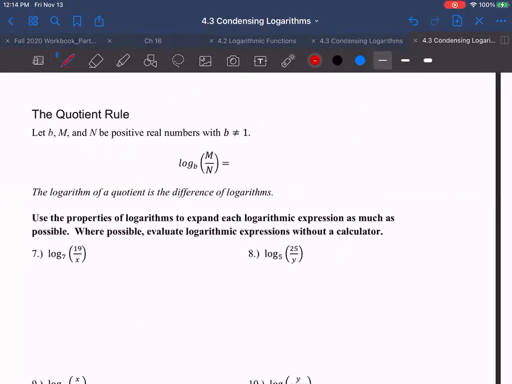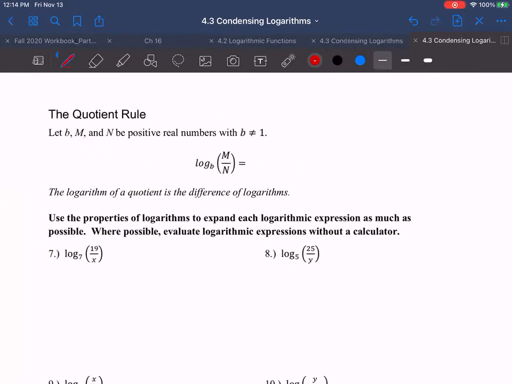The next thing is the quotient rule. This is where we have the log of two things that are being divided, a quotient. For this one, we end up with log base b of m minus log base b of n.